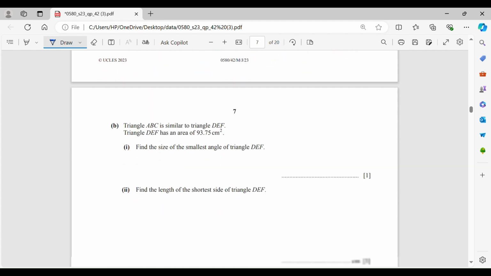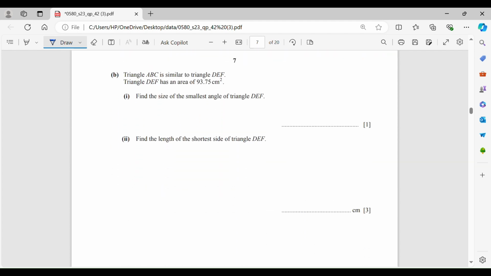Next is the b part. Triangle ABC is similar to triangle DEF. Now triangle DEF has an area of 93.75 centimeter square. Find the size of a smaller angle of triangle DEF.